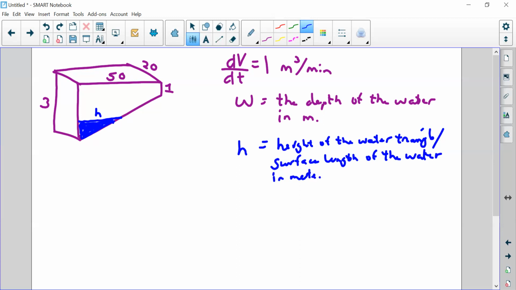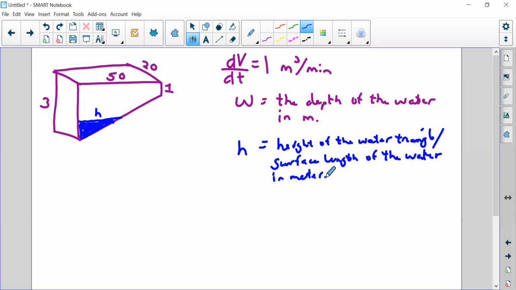If I'm looking at this triangle here, this is height and this is base. So that would be my height of that. Or you could say it's the surface length of the water.